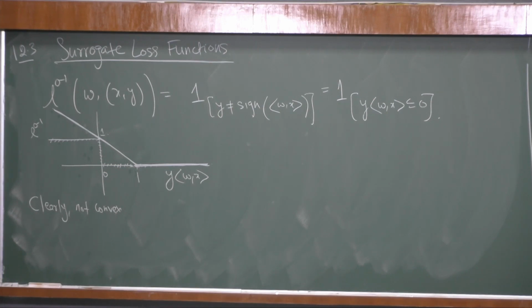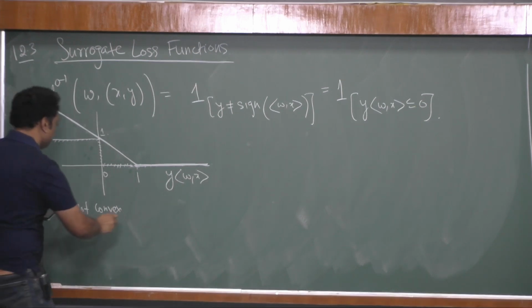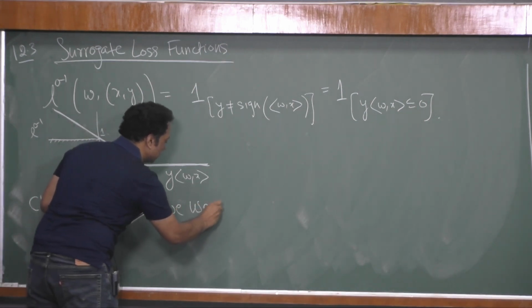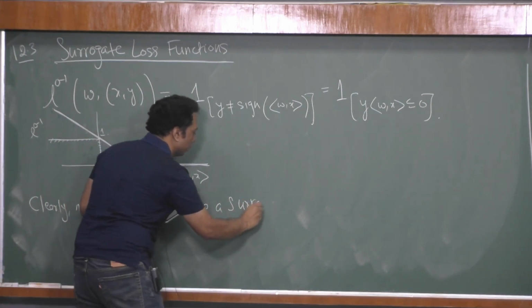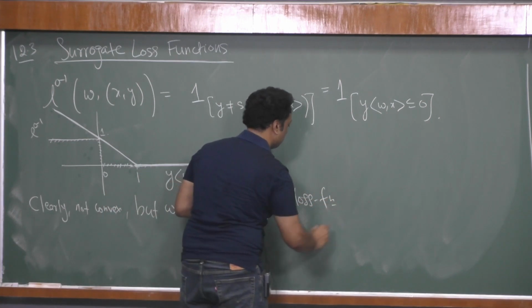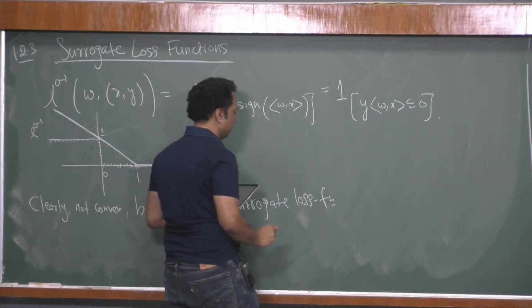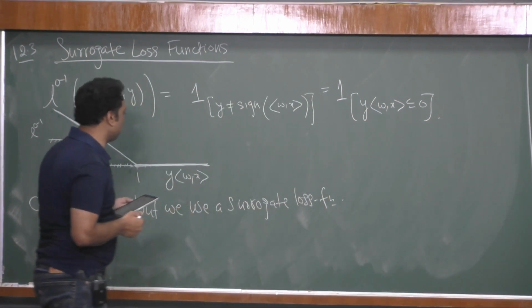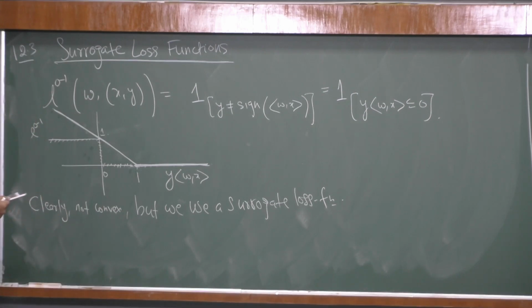That's the idea. This is not convex, but we use a surrogate loss function, and let me first define it, and then I will call it whatever name it is. So we define a surrogate loss function which is convex.